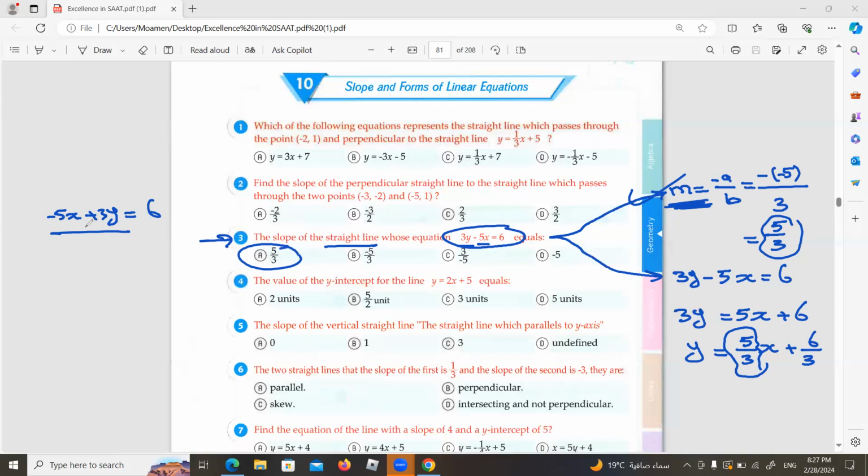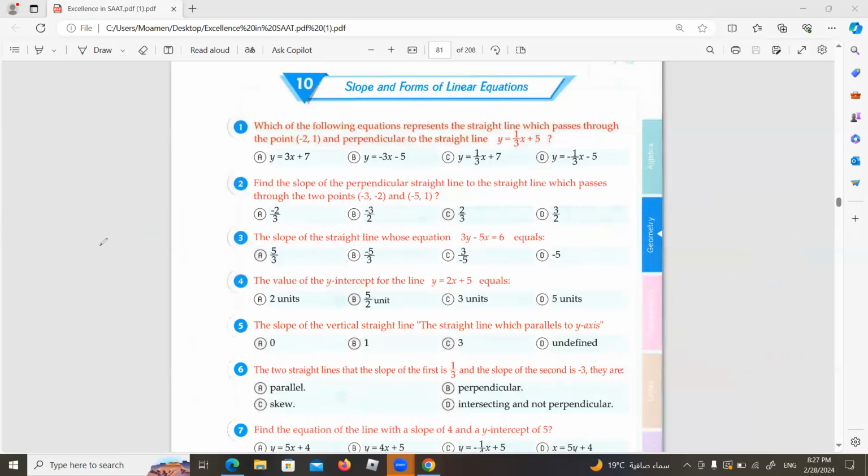The rule says that to find the slope, not the slope of the perpendicular, the slope, it will be negative coefficient of x over coefficient of y. Negative the coefficient of x, it means negative negative 5, which is 5. And the coefficient of y is 3. So the result will be letter A directly. This is the answer of number 3.